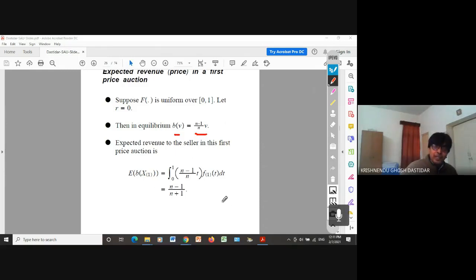The winner will pay his bid. Who is the winner? The person with the highest value. That's a random variable. How much does he bid? B of this. And so it's the expected value of this. It so turns out it's the same as the expected revenue in a second price auction.